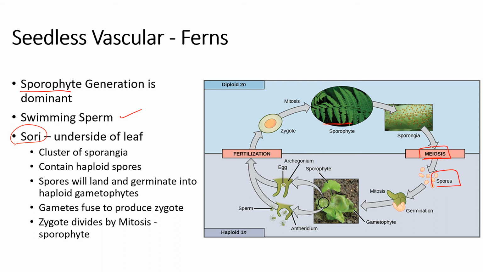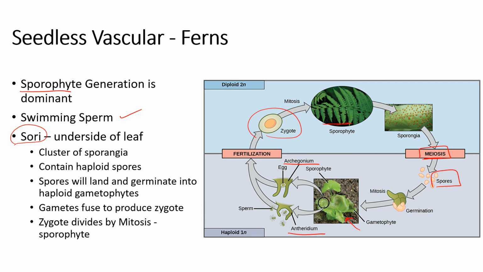Here you see this very small gametophyte, and again we're going to have both the male and female version. The antheridium is the male version that produces the sperm. The archegonium is the female version that produces the egg. Once those come together, now we have our zygote, which is diploid. We're back into the sporophyte generation.